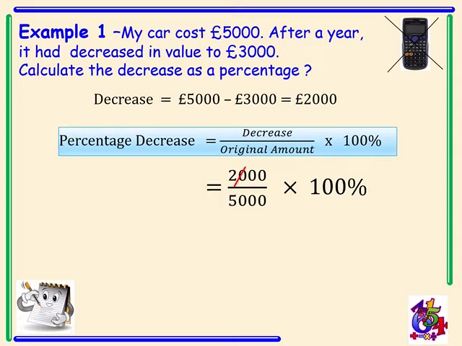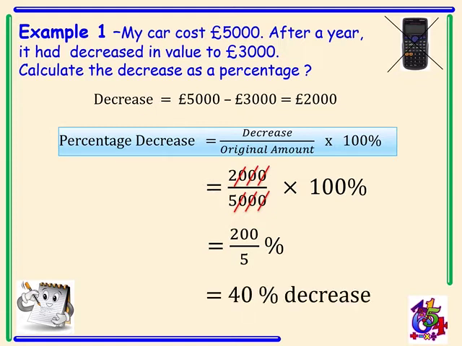So here we can cancel top and bottom of our fraction by 10, by 100, actually by 1,000. So we're left with 2/5 times 100, which is 200 divided by 5, and 200 divided by 5 is 40%. So here we can see the car has had a 40% decrease.